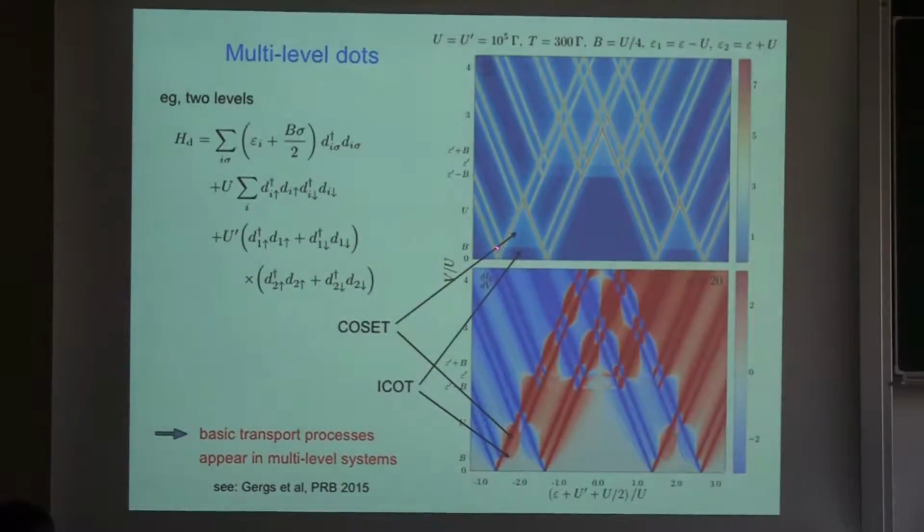So for example, you have these inelastic cotunneling processes here and there, or you have this cotunneling assisted sequential tunneling here, and also here you have it. So all these processes that we have understood for the single electron, for single level Anderson dot, they also appear in these multi-level dots, and you can then learn something about the structure of your nanostructure.